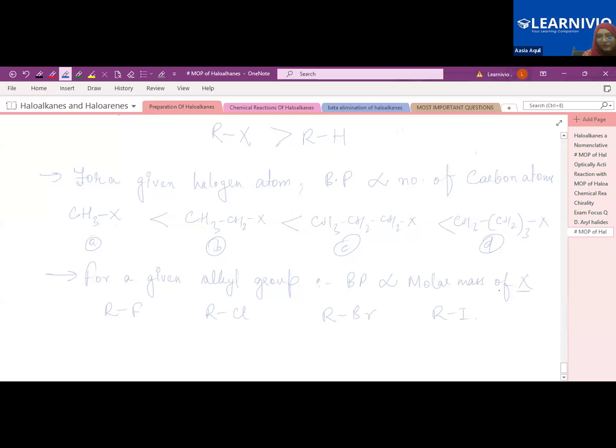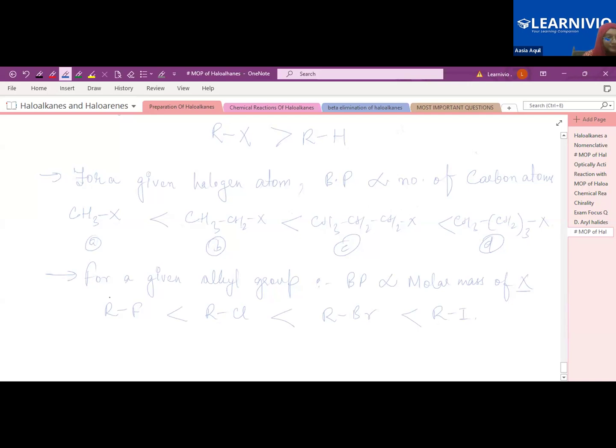RI has the highest, because iodine has the highest molecular mass. So boiling point depends on the molar mass of the halogen atom. RI will be the highest and RF will have the least. So that's the order of the boiling point. Alkyl iodide will have the highest boiling point, and alkyl fluoride will have the least boiling point.